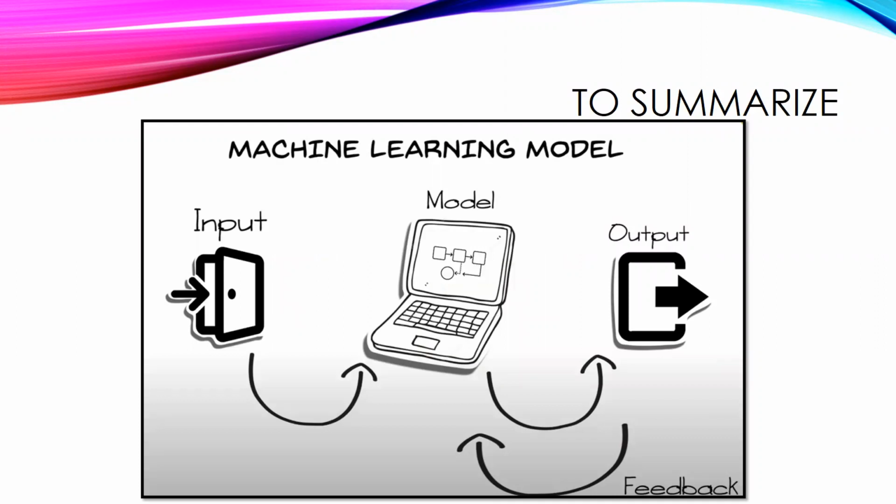Okay, to summarize, the machine learning model has input, model, and output. The input is where you teach the model, and once it starts predicting the output, if it is wrong, it gets the feedback and it keeps learning, right?